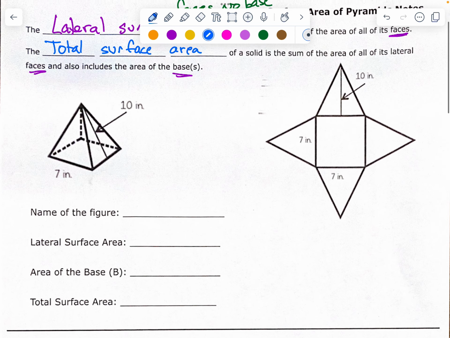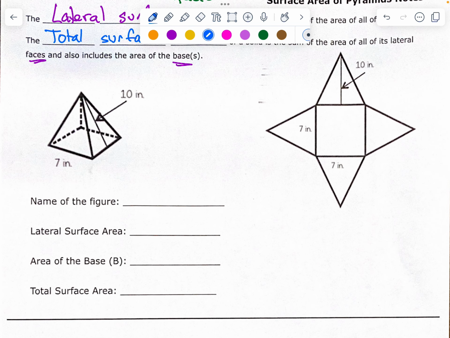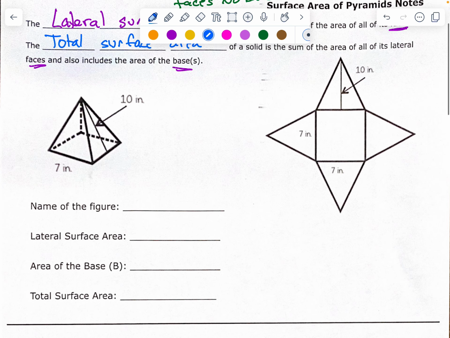On the other lesson, we did prisms. This one is going to focus on pyramids. On pyramids, you have a base that goes to a tippy top, but any pyramid is a base surrounded by triangles.